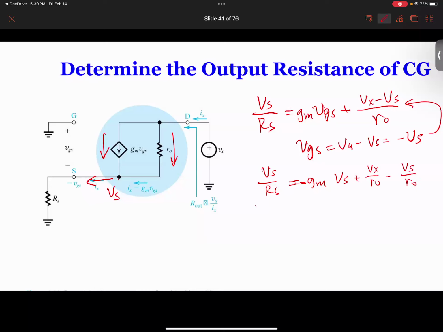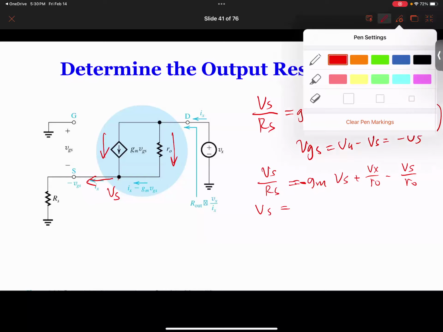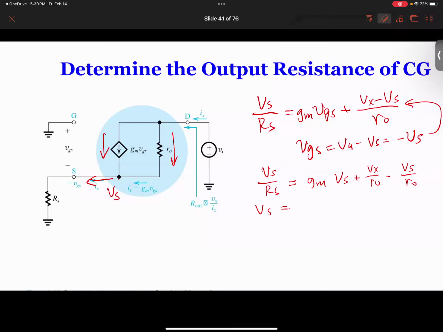So in this case, we can find Vs. Do a little trick here to make it easier to read. We have Vs in three terms: here, here, and here. So Vs over Rs plus Gm times Vs plus Vs over Ro equal to Vx over Ro, right?